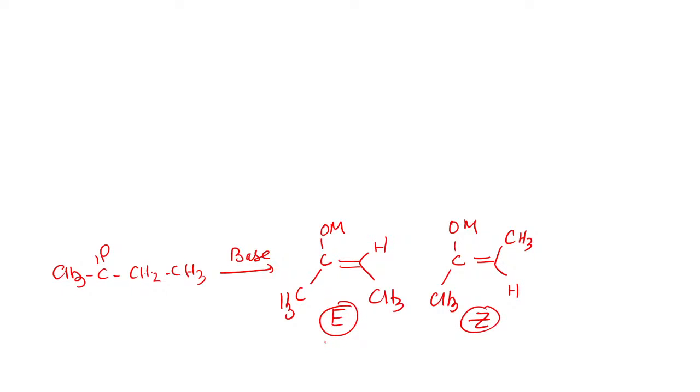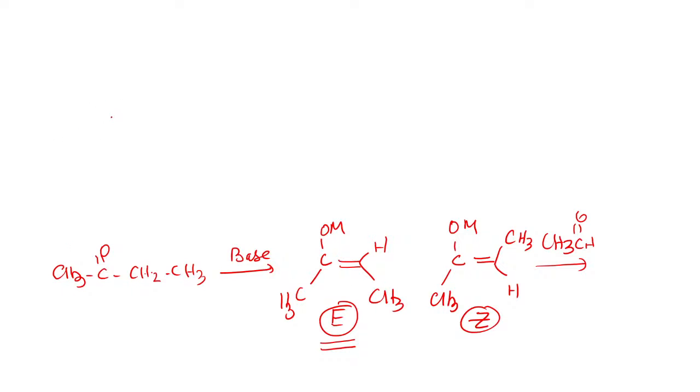For example, if you have this E enolate, when you react with acetaldehyde, what can happen? It can undergo addition reaction. If you react with acetaldehyde, you will be able to form a mixture of stereoisomers.